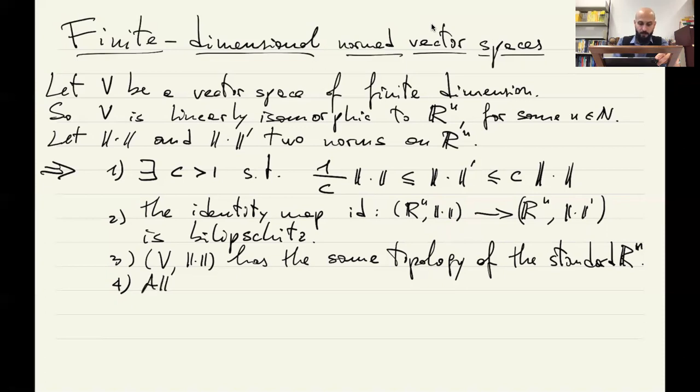So all finite dimensional normed spaces are Banach spaces.